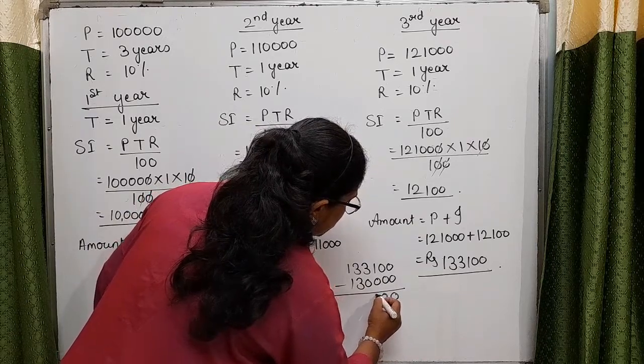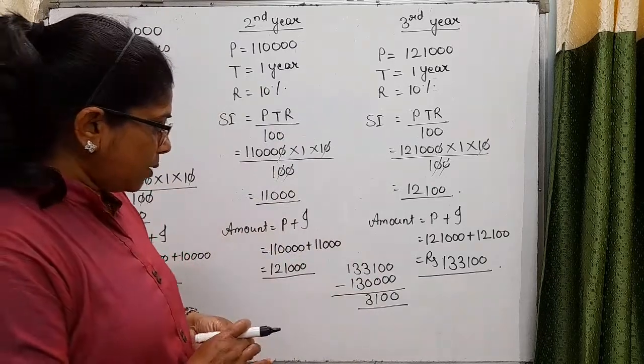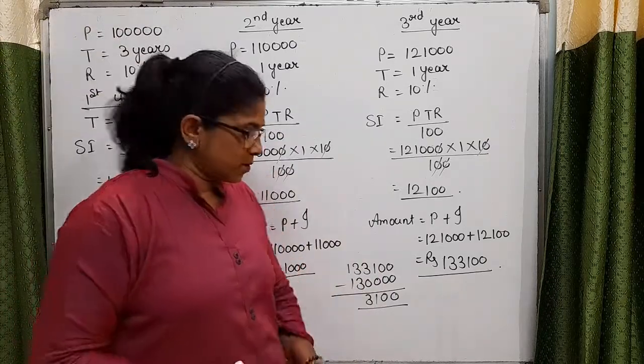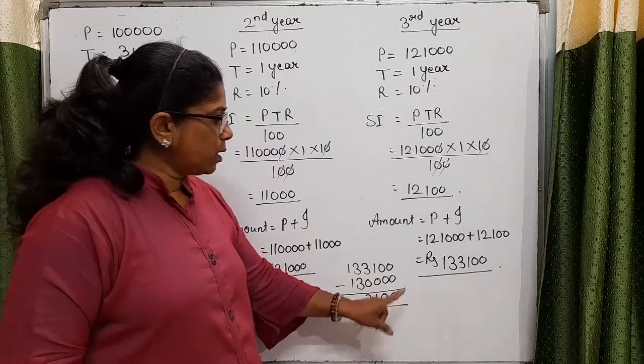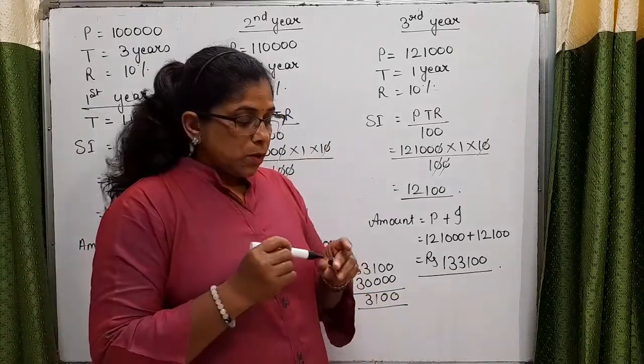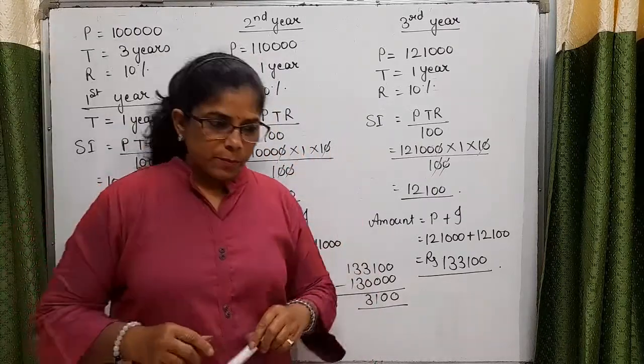If the interest is calculated by the method of compound interest, the person will have to pay 3,100 extra. So this is the difference between simple interest and compound interest.